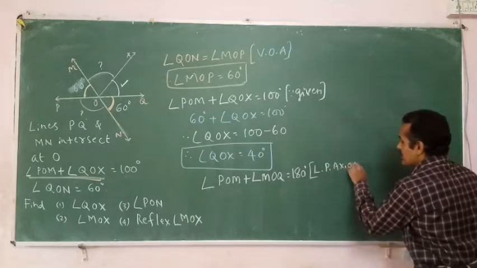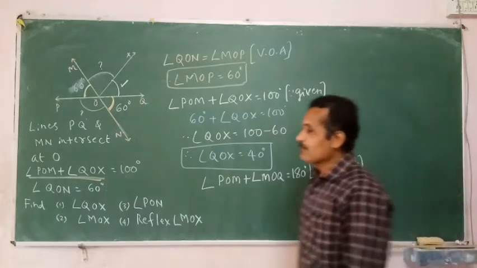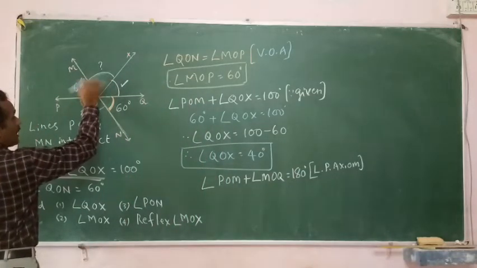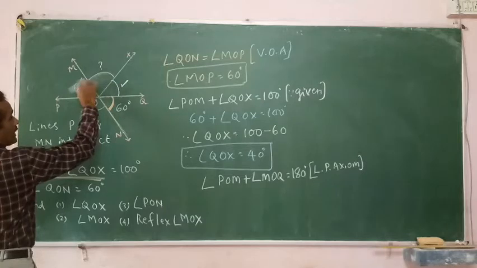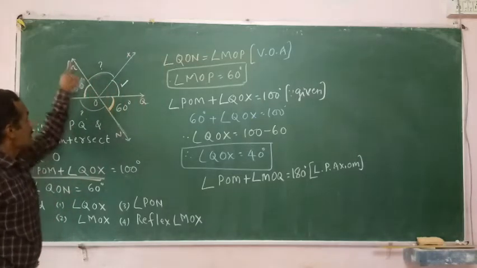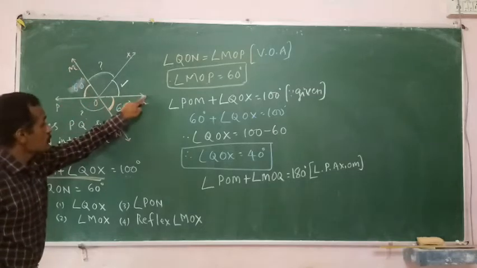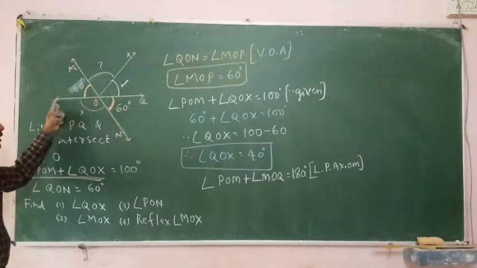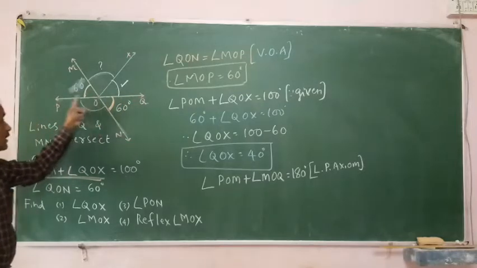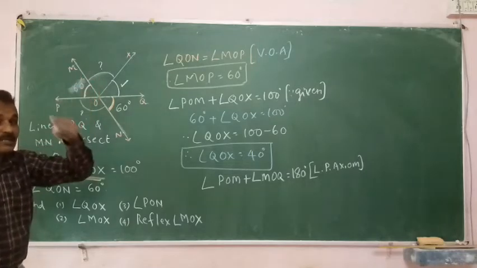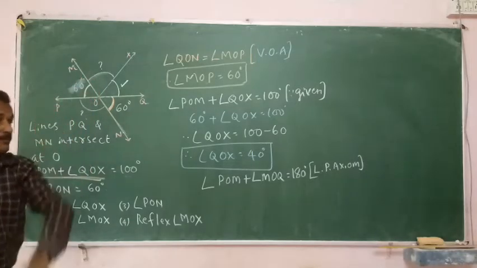We have studied in the previous video what is linear pair axiom. If the sum of the two angles is 180 degree, then we can call them a linear pair. It is a straight line. These are the two adjacent angles. So when the non-common arms are forming a straight line, then the sum of the two angles is 180 degree. This is what you have learned in the linear pair axiom.